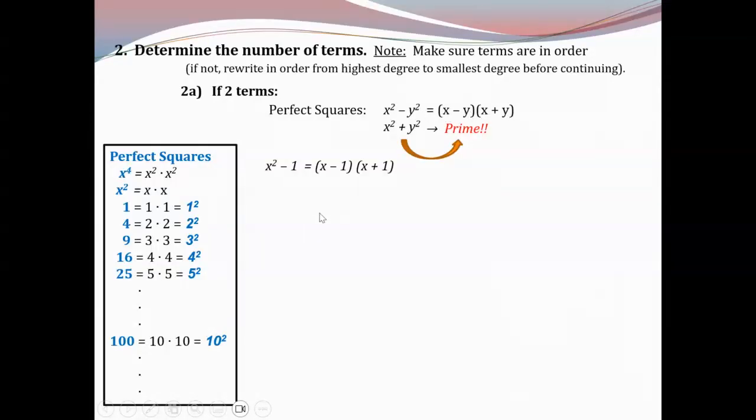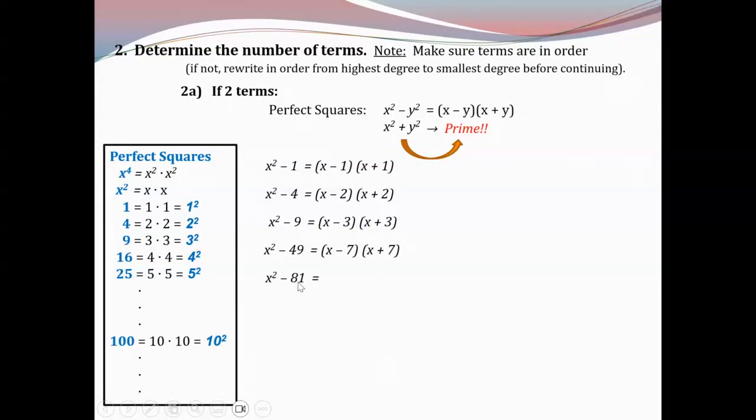Difference of two perfect squares. X squared minus 4 is going to be x minus 2 and x plus 2. X squared minus 9 will be x minus 3 and x plus 3. And what's x squared minus 49? It's going to give us x minus 7 and x plus 7.